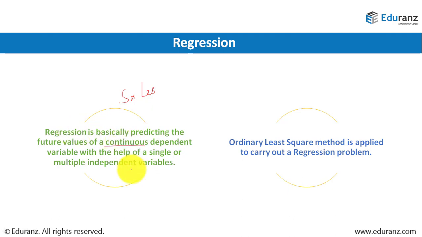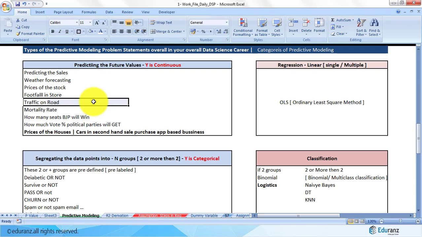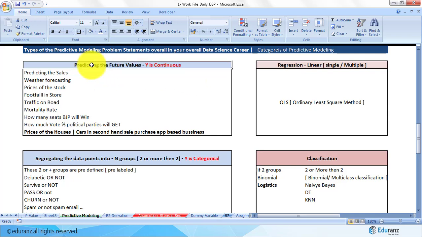I can give you a lot of examples for that. So I need to turn to a spreadsheet for an easy conversation. Here you can see that if I am talking about predicting the value of a variable which is continuous in nature, y is continuous.